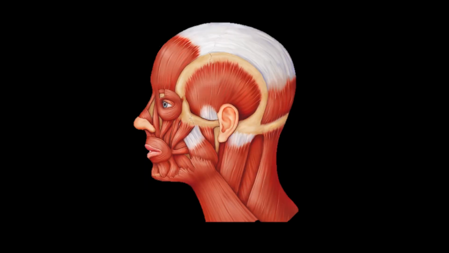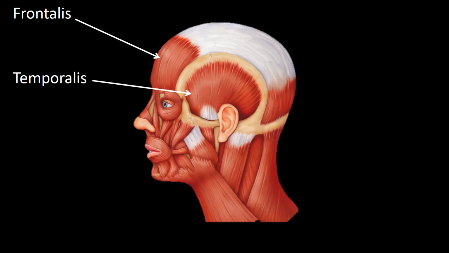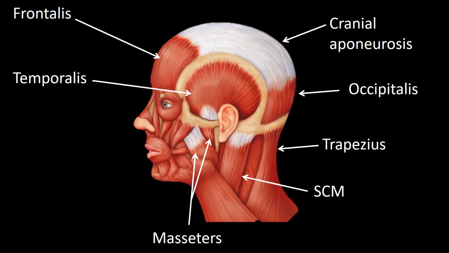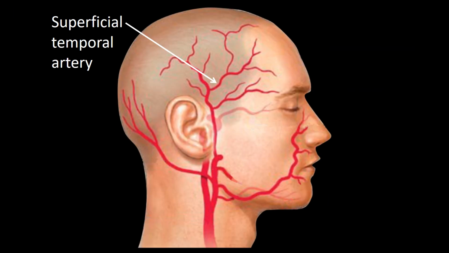So are muscles: frontalis, temporalis, occipitalis, trapezius, sternocleidomastoid, and masseters. The cranial aponeurosis is also pain sensitive, as are the large extracranial vessels, especially the superficial temporal artery.